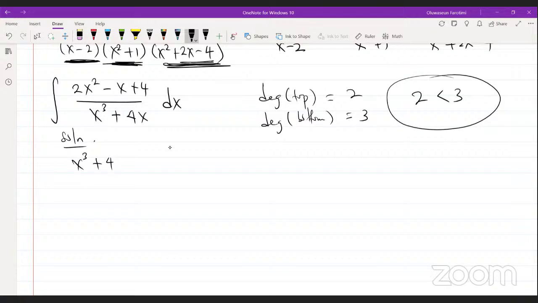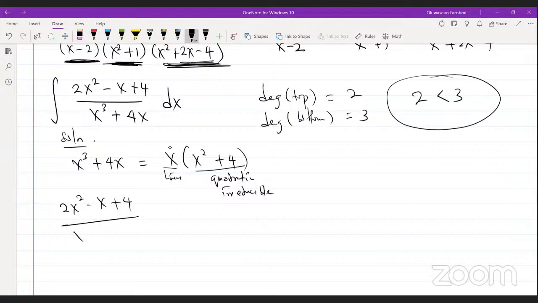So I start by factoring. x is common, so we have x times (x squared plus 4). Can you do anything else? No. This is linear, but this one is quadratic and irreducible. So I have (2x squared minus x plus 4) over that. Now, resolve this into partial fractions. That becomes A over x, since it's linear. But this one is quadratic irreducible, so you have Bx plus C over x squared plus 4.